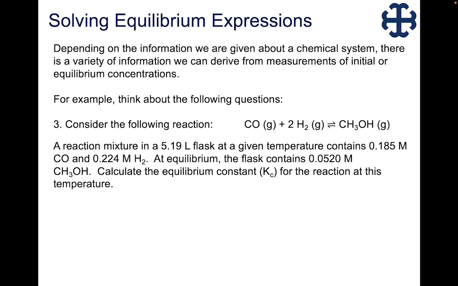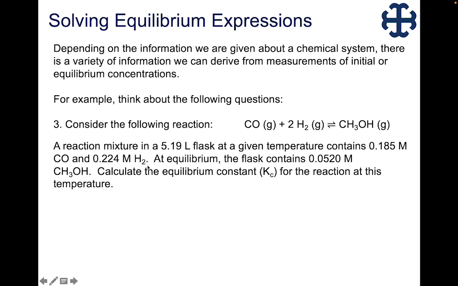Say we think about this reaction where we have carbon monoxide and hydrogen gas making methanol. This CH3OH is methanol. And we're told that this reaction is occurring in a 5.19 liter flask at a given temperature. We have 0.185 molar CO and 0.224 molar H2.